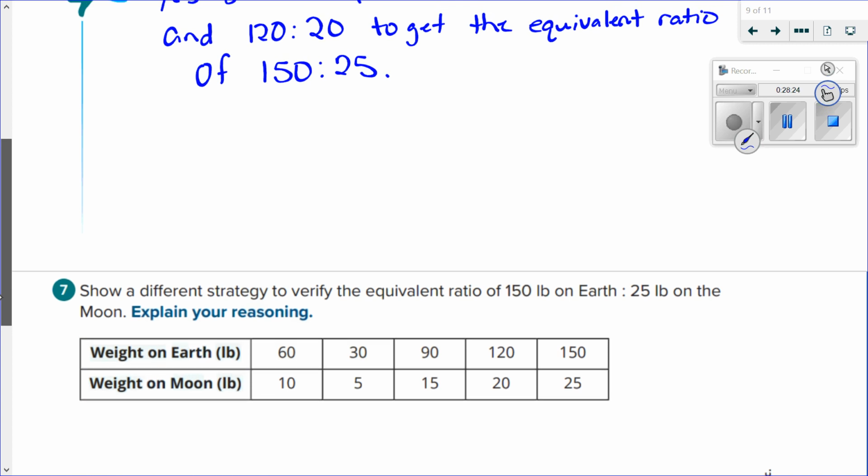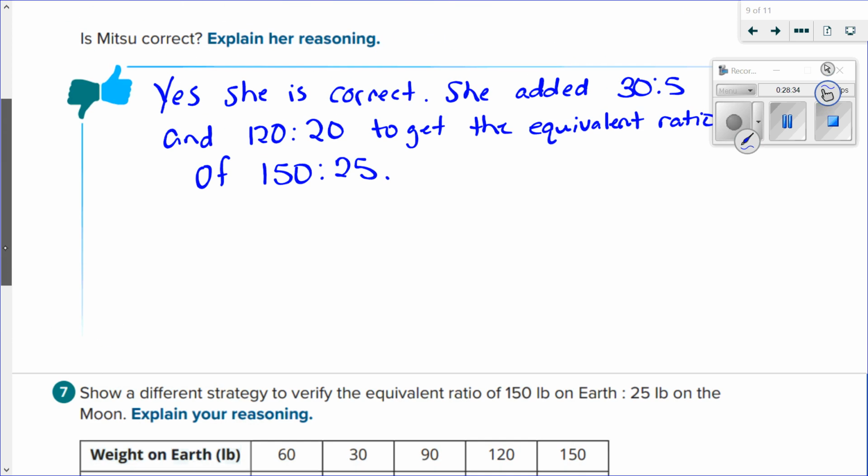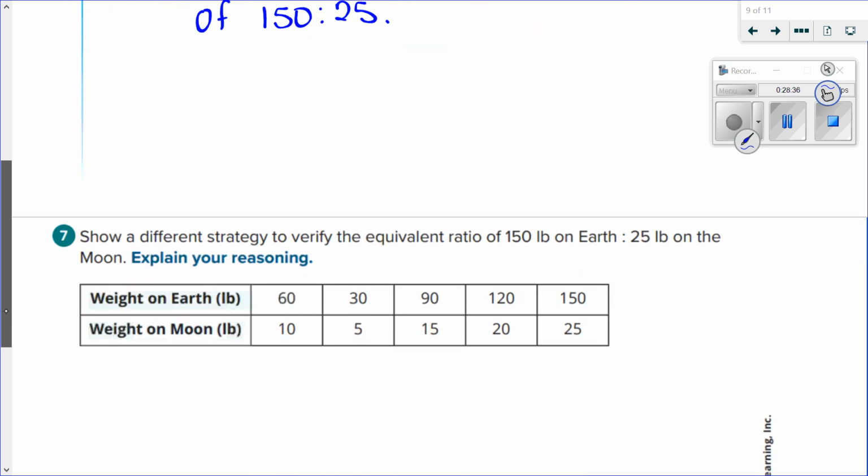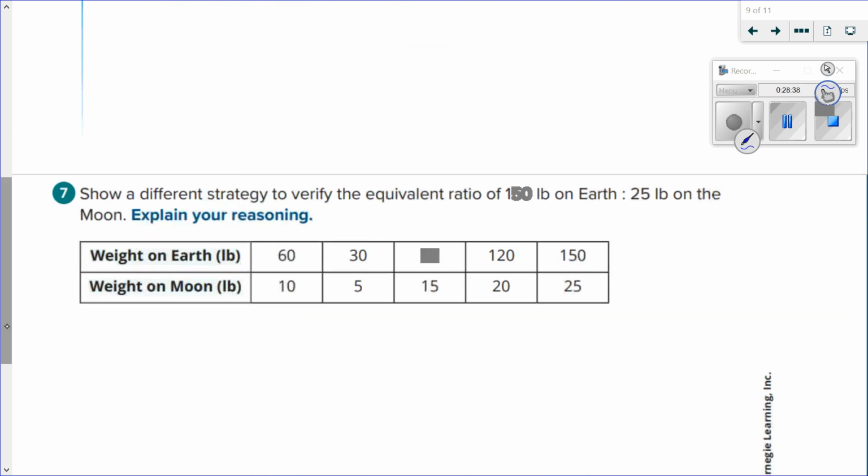Let's look at number 7. Show a different strategy to verify the equivalent ratio of 150 pounds on Earth to 25 pounds on the moon. Explain your reasoning. So in the last one, we used that she added 2 equivalent ratios. So this time, can we use that multiplicative reasoning that she multiplied this times 5 and this times 5 to get another equivalent ratio? We can use our second way, yes?